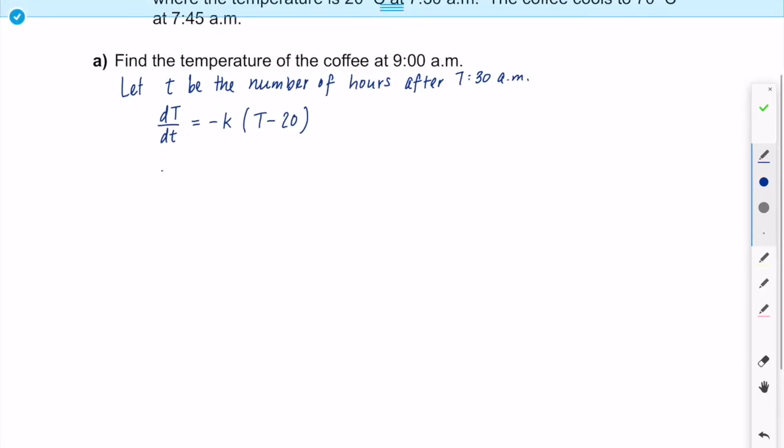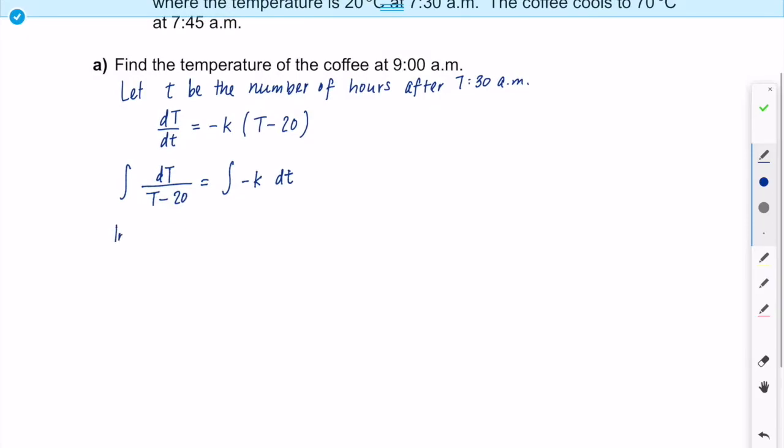I have dT over T minus 20 on the left side, and I'm going to put the little dt, time, on the right, and we know the next step involves taking the integral of this statement. Left side becomes ln of T minus 20, and on the right side we have negative kt plus c, which means that T minus 20 can be written as e to the power of negative kt plus c.